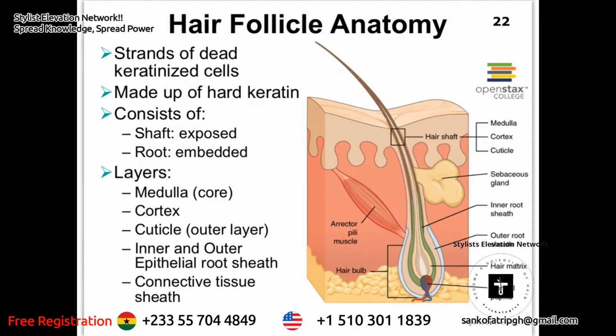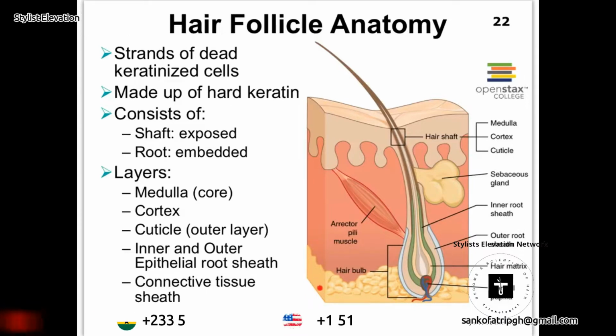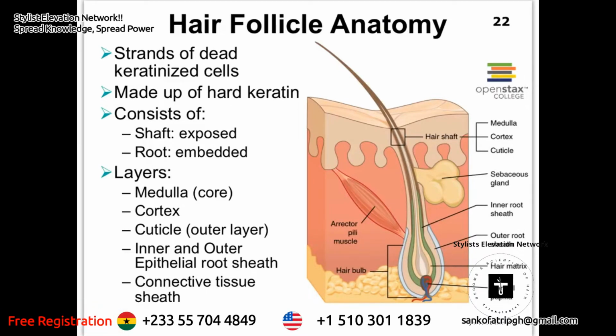Let's start with hair follicle anatomy. If we take a look at our skin, as shown here, with the epidermis, the dermis, and then the subcutaneous layer or the hypodermis, we see that hair follicles are pretty deeply embedded in the dermis, even all the way into the hypodermis. And this rather swollen part we'll refer to as the hair bulb.